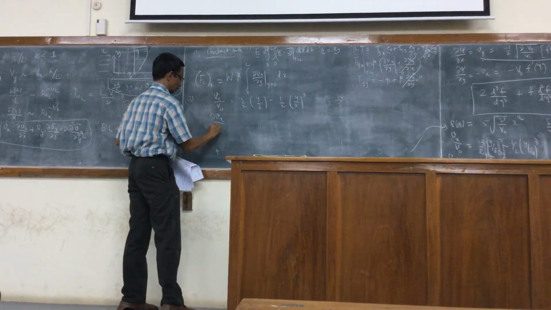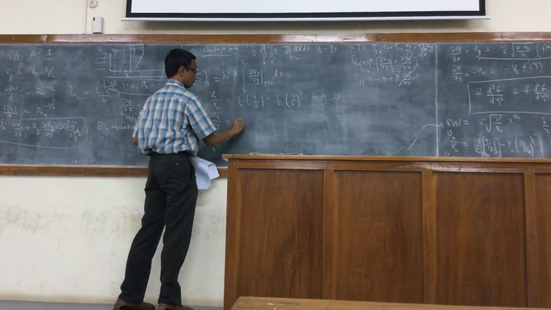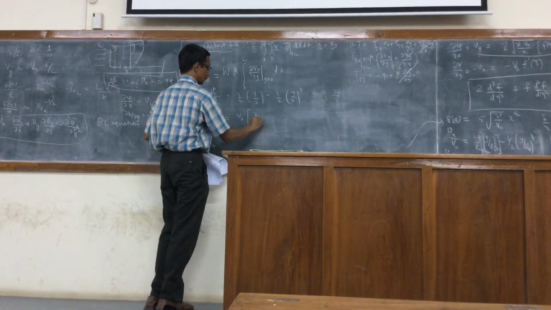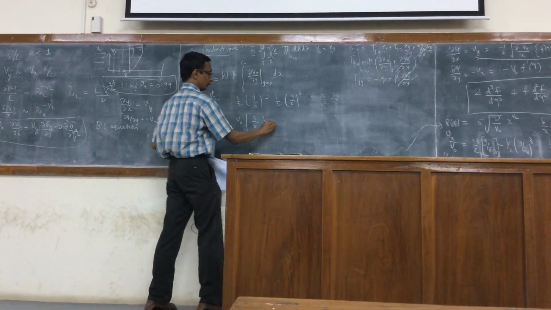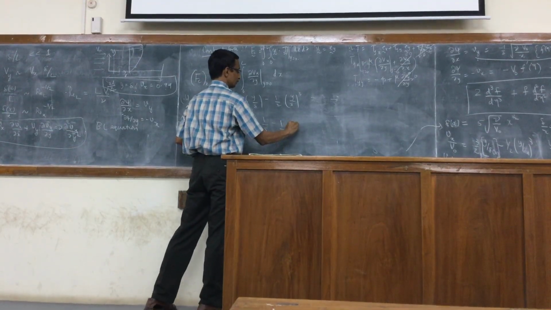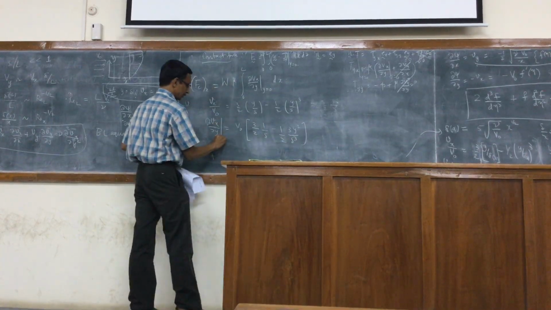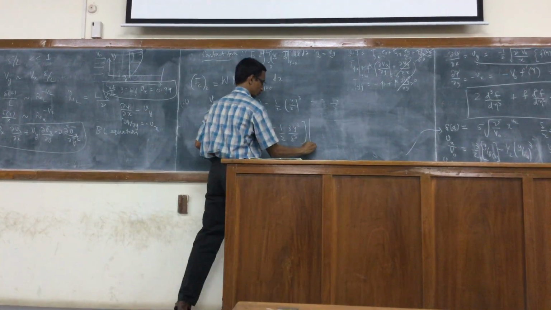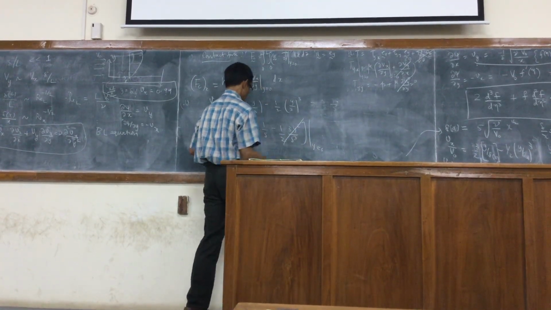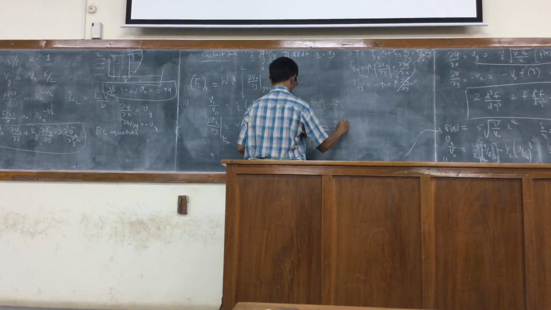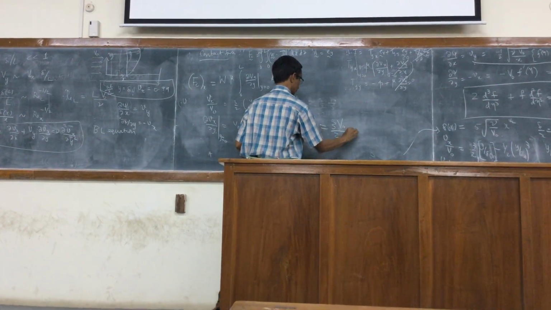Dx by dy is d naught times 3 by 2 times 1 over delta minus half 3y squared by delta cube. But if I want to evaluate it at y equal to 0, this term vanishes and I simply get 3 d naught by 2 delta.